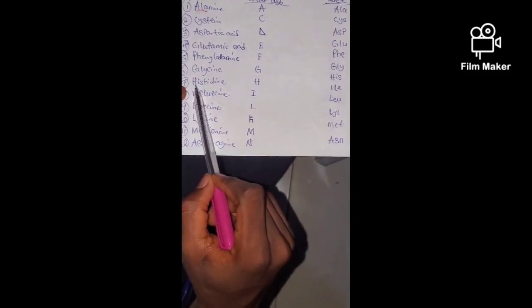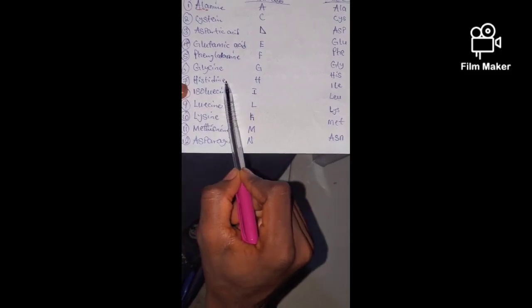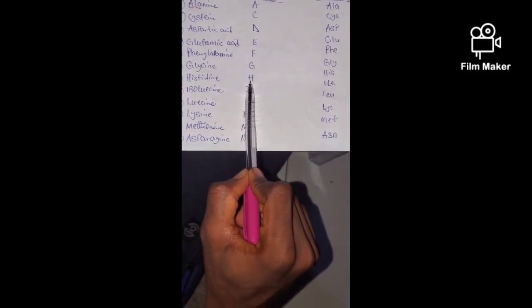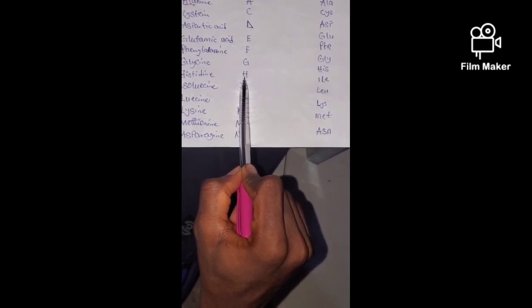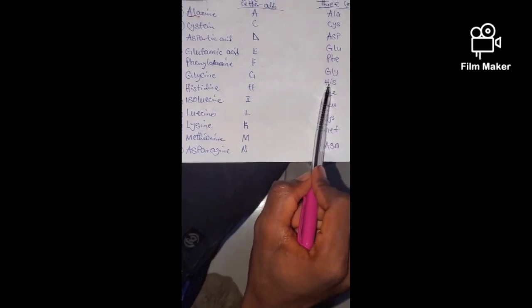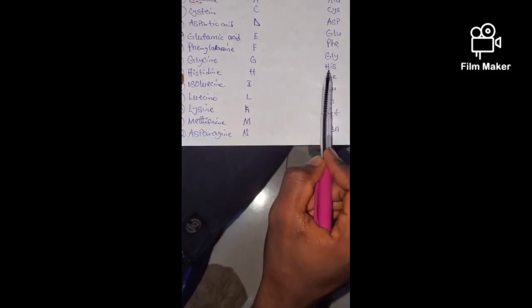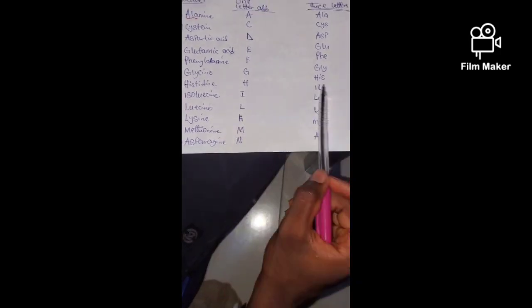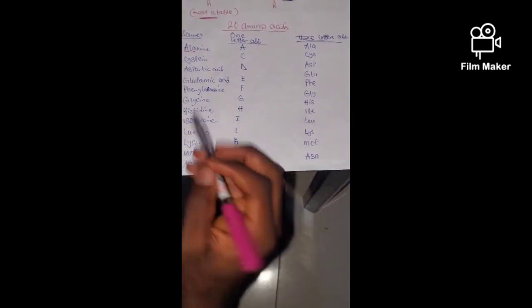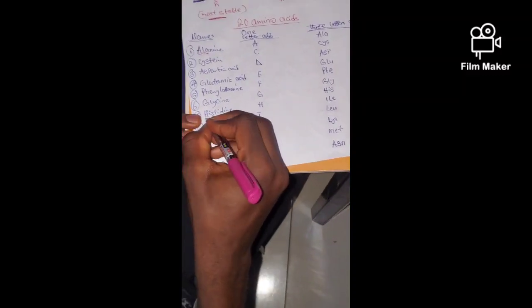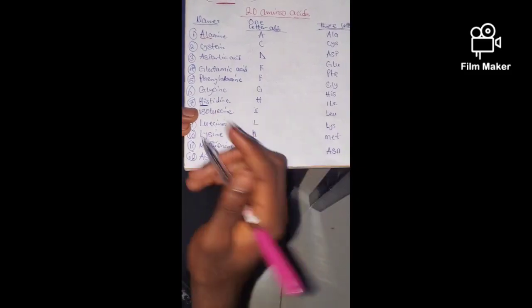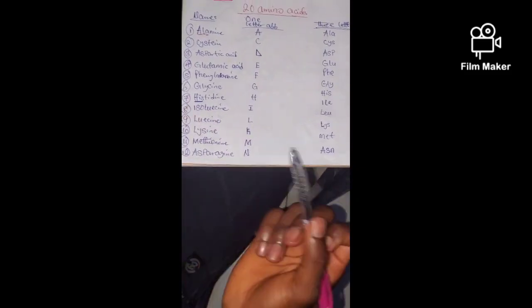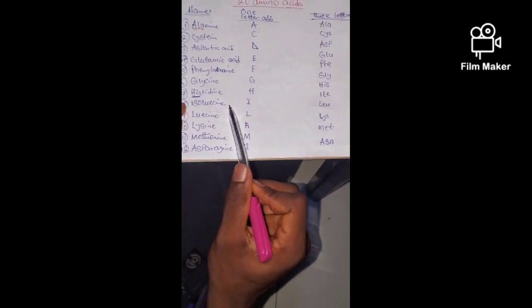We have another amino acid called histidine. We have H as the one-letter abbreviation, and HIS as the three-letter abbreviation for histidine. Of course, if you look at it, these are the first three letters we can find. We have isoleucine.